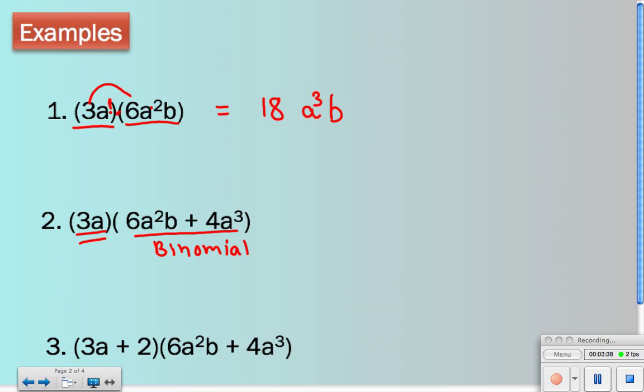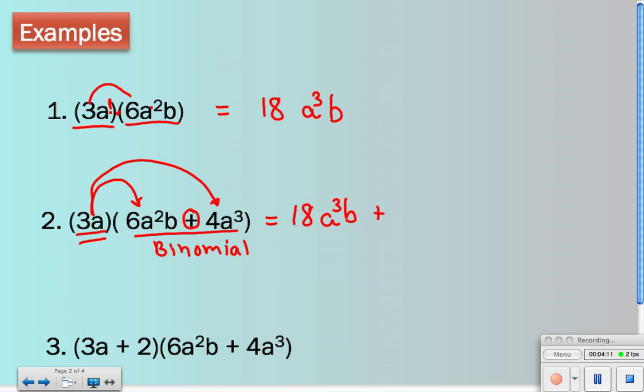So we have to distribute, because this 3a has to get multiplied by the 6a squared b, and the 3a has to multiply to the 4a cubed. Now 3a times 6a squared b, we already know the answer. We just did it in the problem above. It's 18a cubed b.